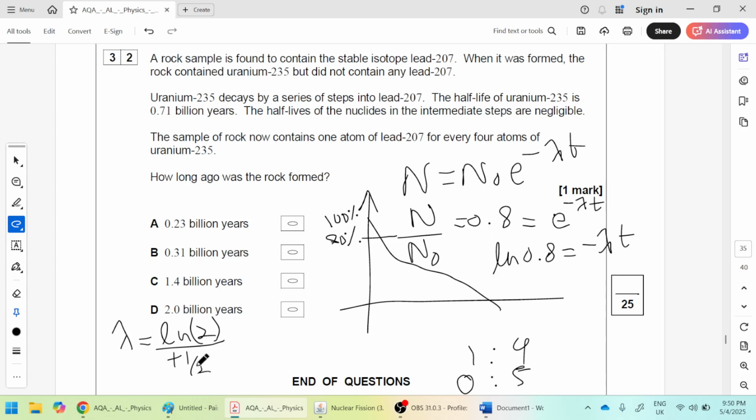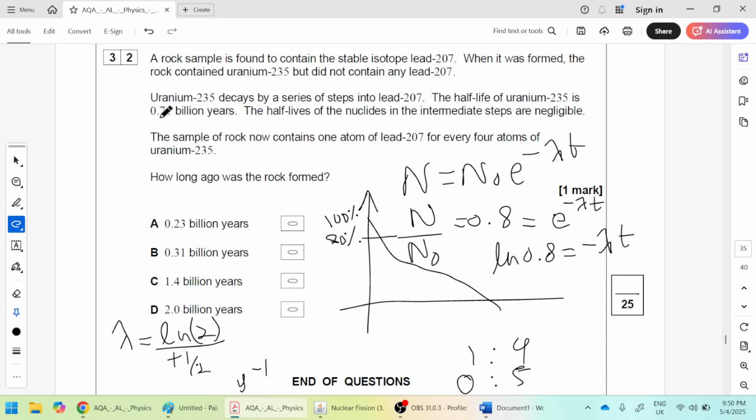Now, it is very important to keep the units of t half and t consistent. If you put the half-life in years, then the unit of lambda is going to be per year. So when you put per year, your time is going to come out in years as well. This is something to keep in mind for future.